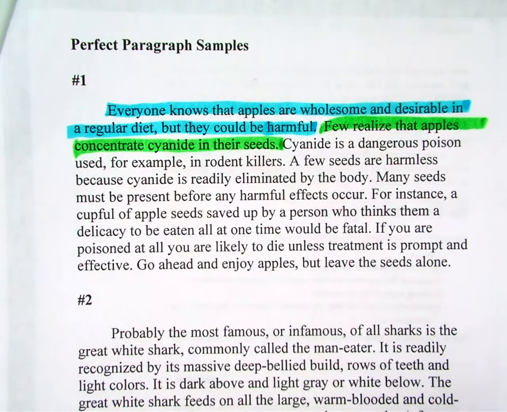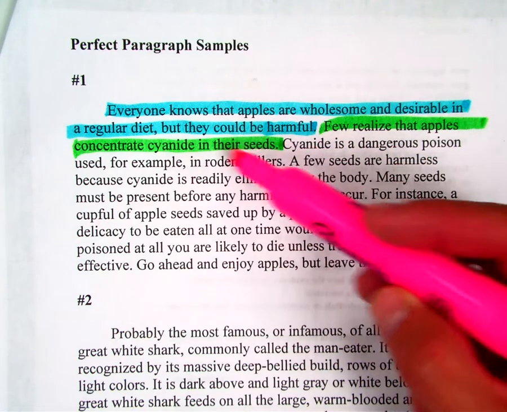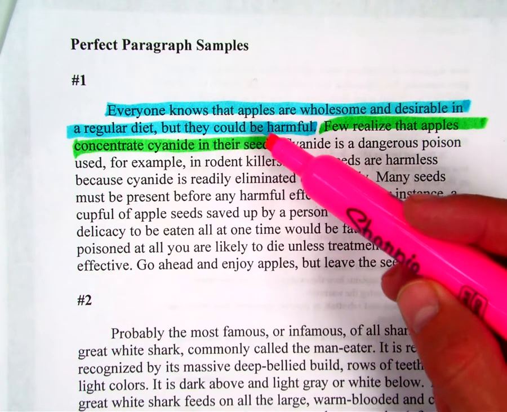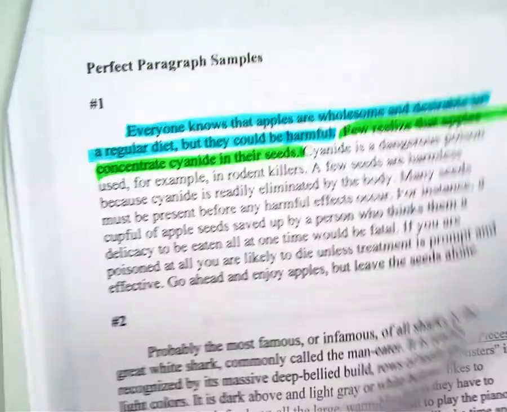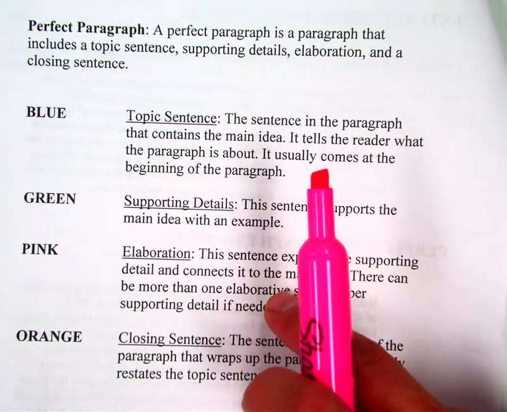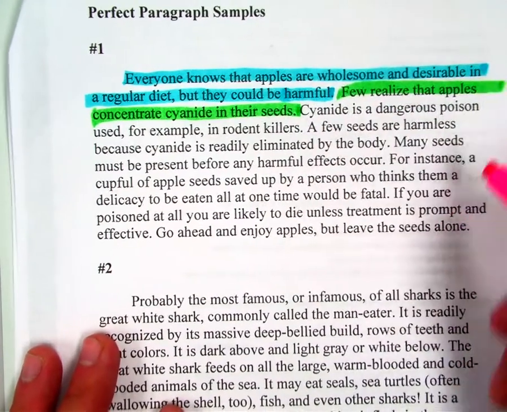Last, cyanide is a dangerous poison used, for example, in rodent killers. What would this be considered? Yes, an elaboration, telling me how this supporting detail about cyanide relates back to the global topic sentence. We said we will mark elaborations in pink.